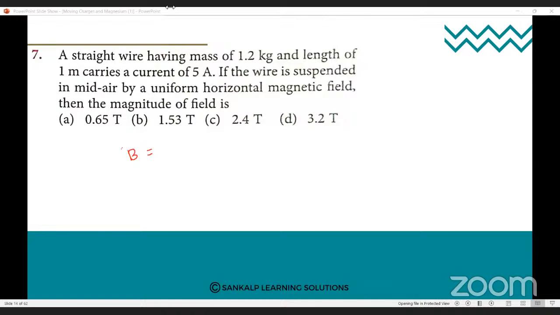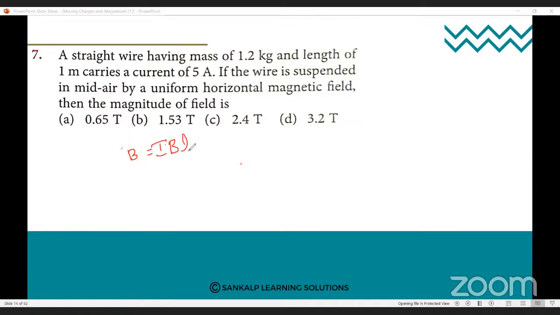Okay, let's see what is the answer. For the mid-air suspension, the magnetic force is given by IBL.